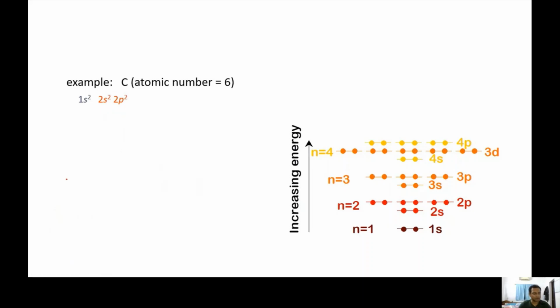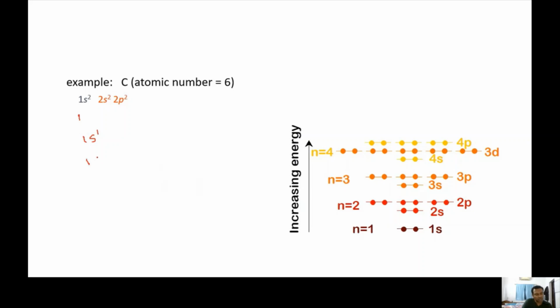Another example, hydrogen. Hydrogen has atomic number 1. Only 1 electron is there, which will go to the first shell and first subshell, 1s. Only 1 electron is there, so we represent that by 1s1. Then helium: 2 electrons are there, so they go to the first shell and first subshell.